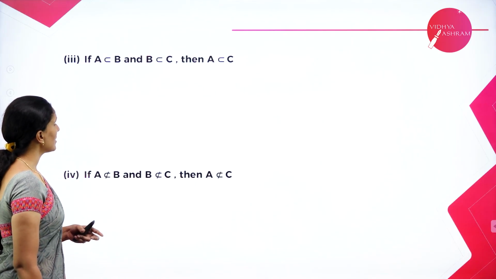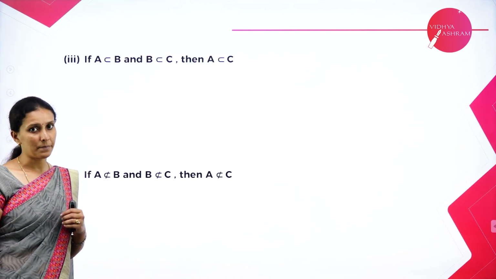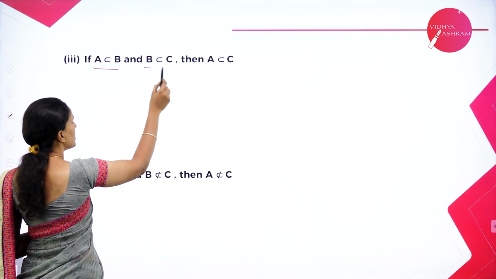Next, if A is a subset of B and B is a subset of C, then A is a subset of C. Now according to the given statement here we have two statements.